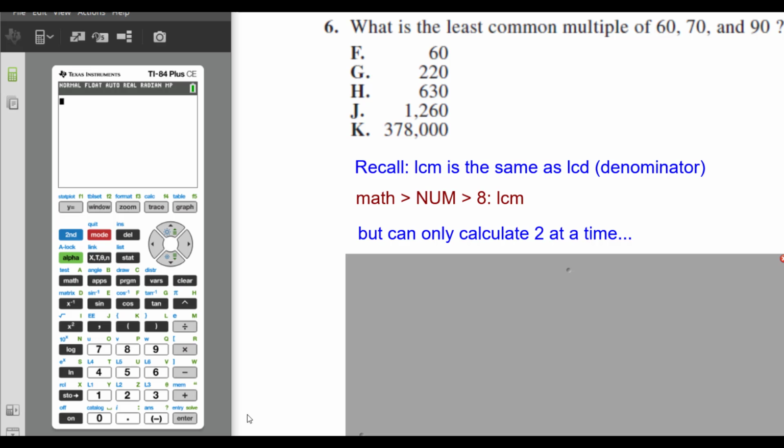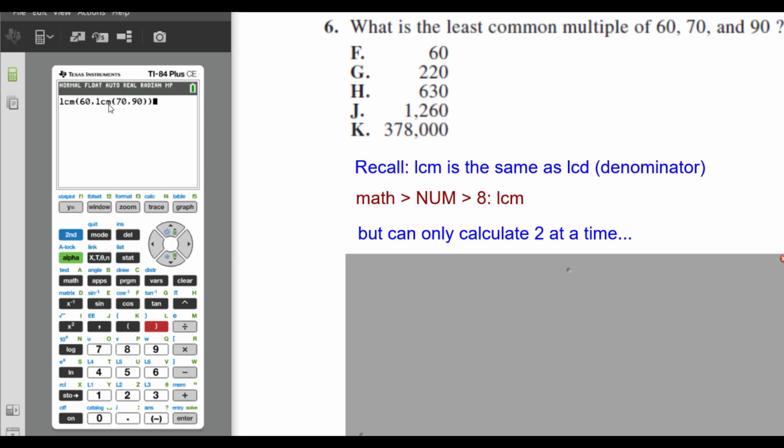So let me bring up a calculator here. Under the math key and over to NUM, number 8 is the LCM, or least common multiple, or the least common denominator. Now for this one you can only do 2 at a time. To get around that, you would do the least common multiple of 60, comma, and then another least common multiple, math over to NUM, number 8, least common multiple of the other two, 70, comma, 90, double right parentheses.